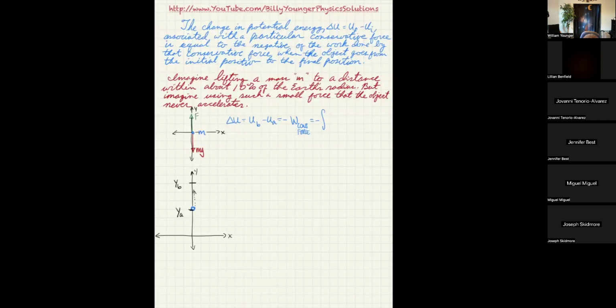Now, the gravitational force we know is negative mg y hat, because it points downward. And of course, the formula for work is equal to the integral of F dot dl. And we've learned that that is a path or line integral.